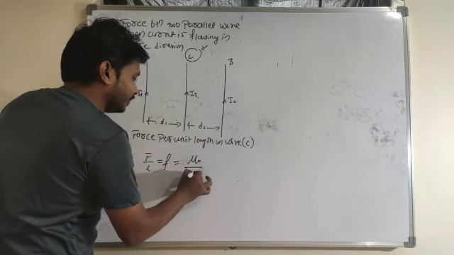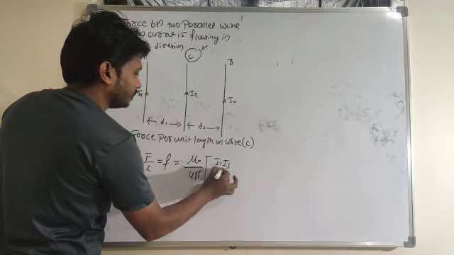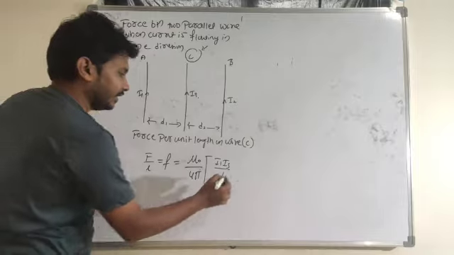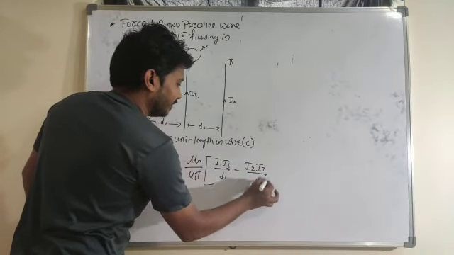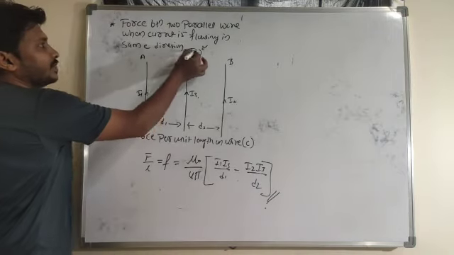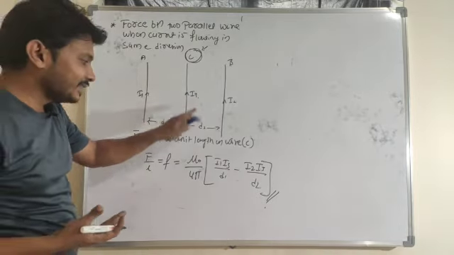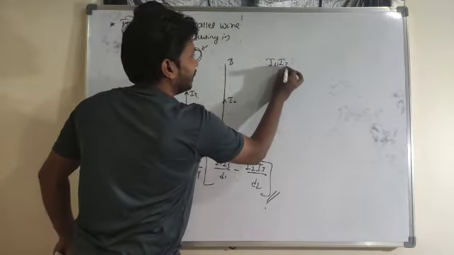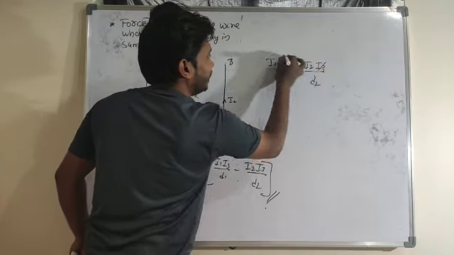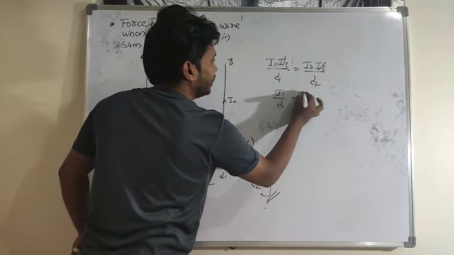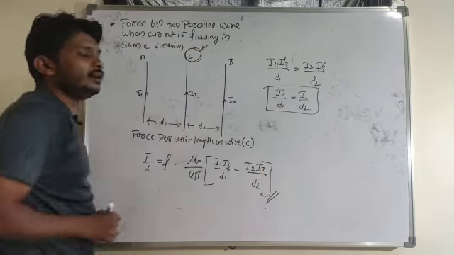That is mu naught by 4 pi, I1 into I3 divided by D1 minus I2 into I3 divided by D2. If the force per unit length on the third wire is 0, then I1 into I3 divided by D1 is equal to I2 into I3 divided by D2. So I1 divided by D1 is equal to I2 divided by D2. This is the connecting formula.